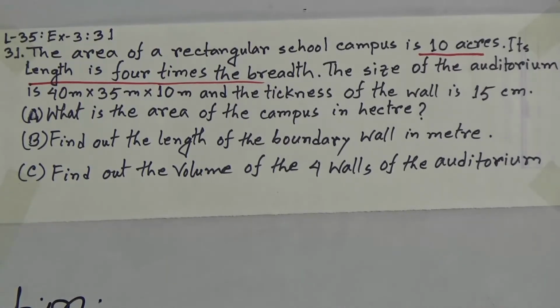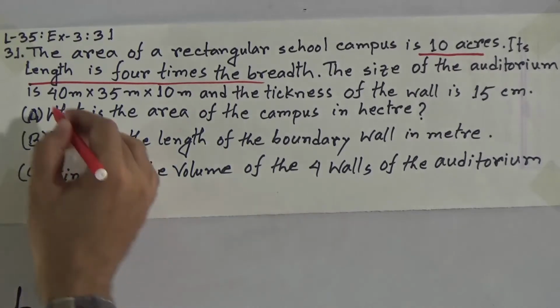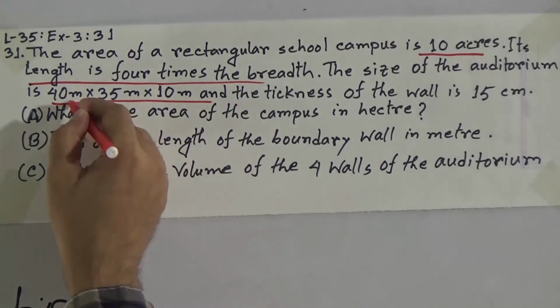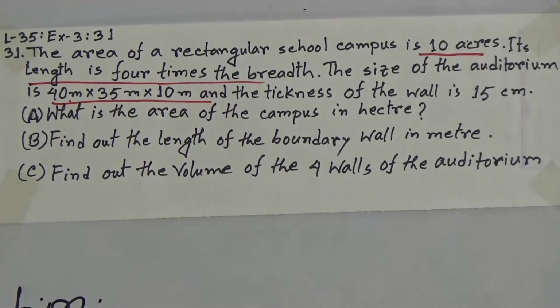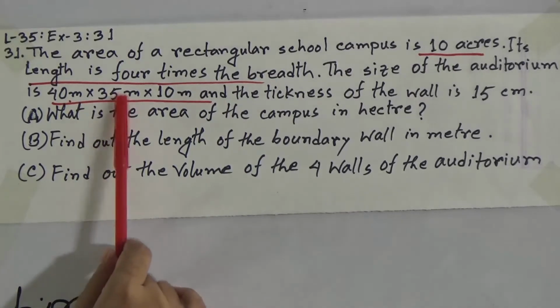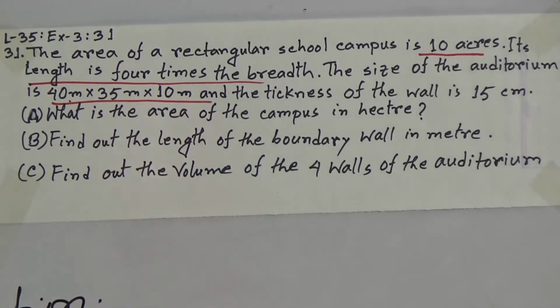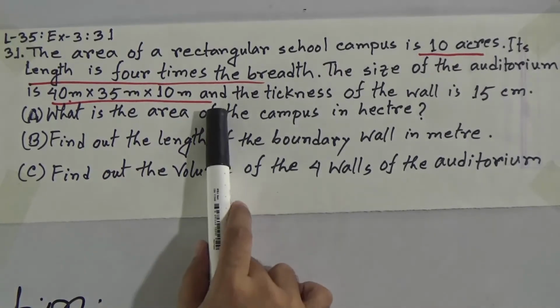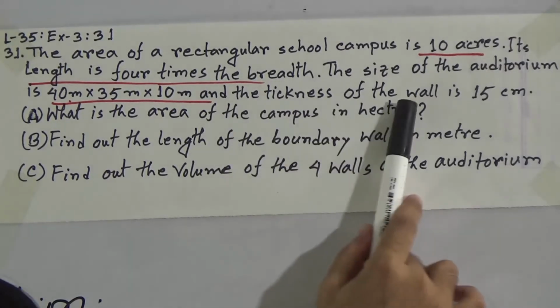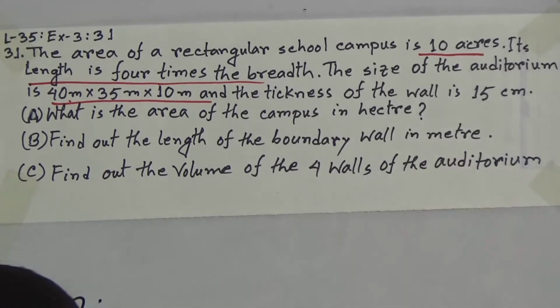Here the size of the auditorium is given, that is 40 meter into 35 meter into 10 meter. These informations are given here. Now see. It means the length of the auditorium is 40 meter, the breadth of the auditorium is 30 meter and the height of the auditorium is 10 meter. And another information given, the thickness of the wall is 15 centimeter.